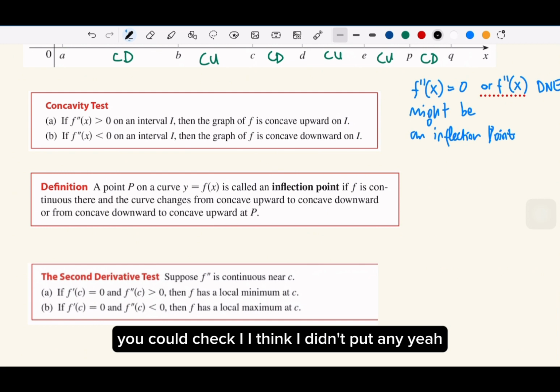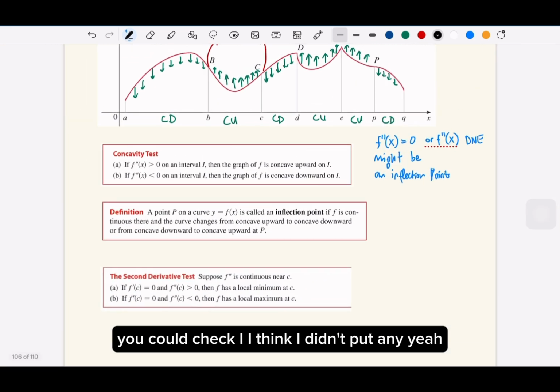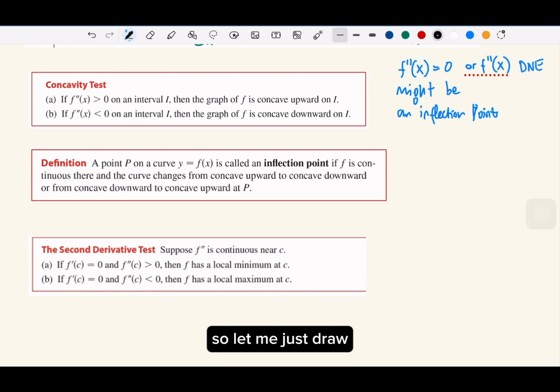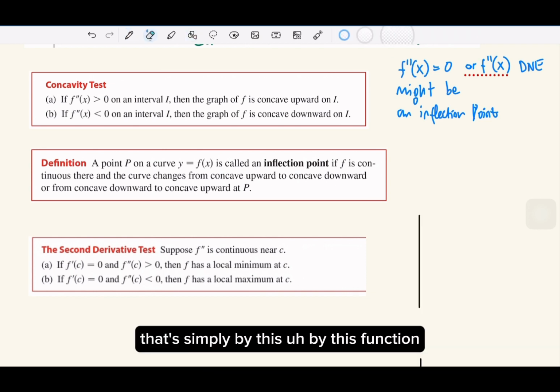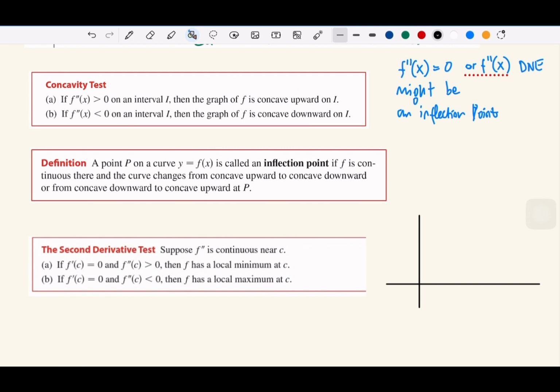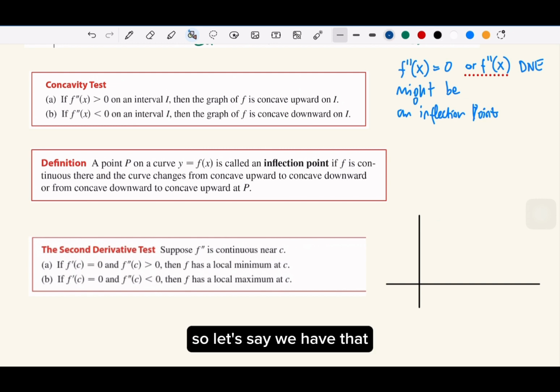I think I didn't put any picture. Yeah, I forgot to put the picture. So let me just draw. With this function, we could see why this is always true. So let's say we have that.